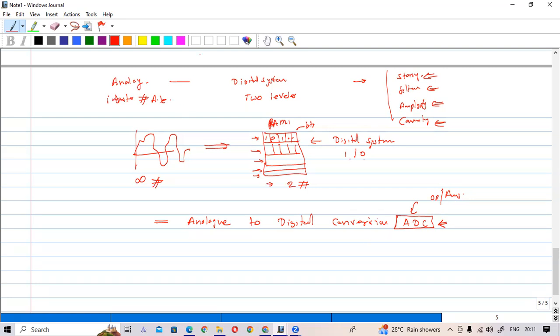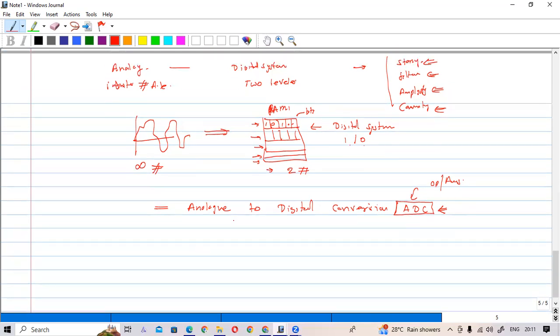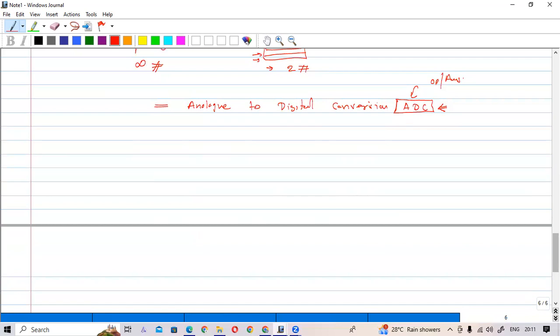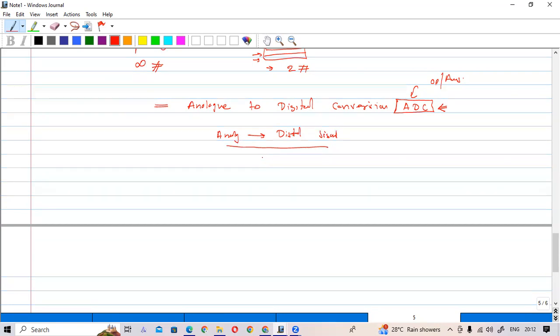It converts an analog signal into a digital signal.